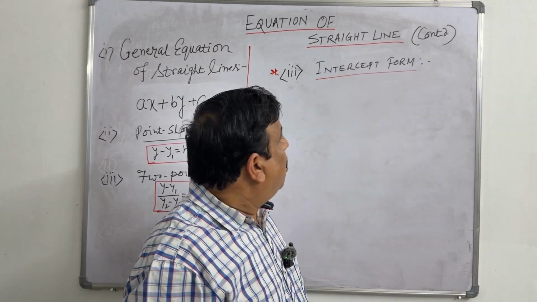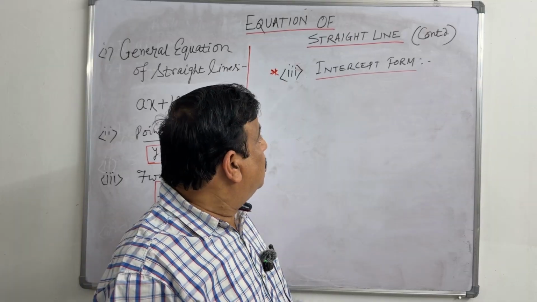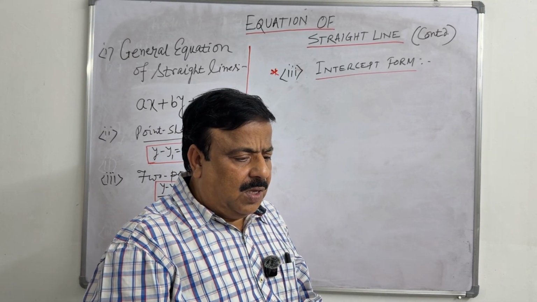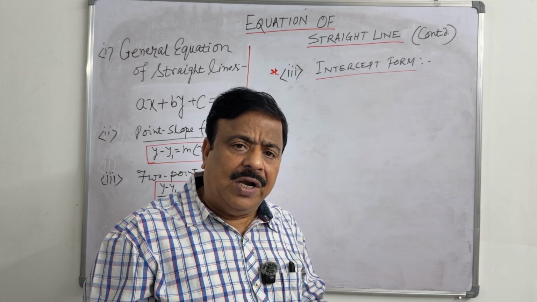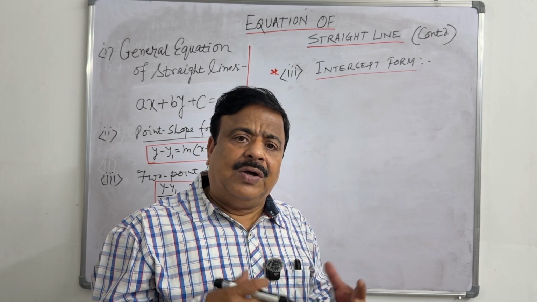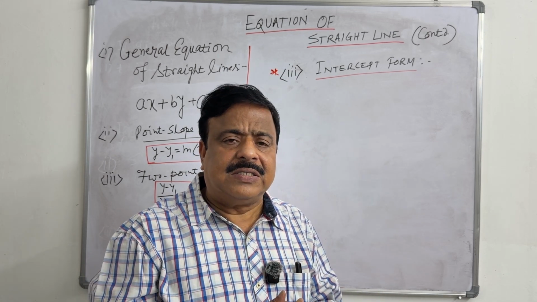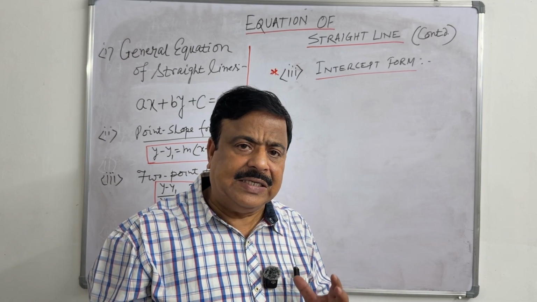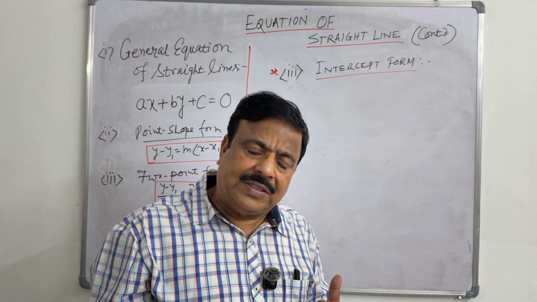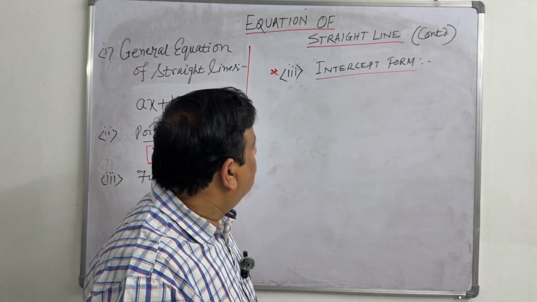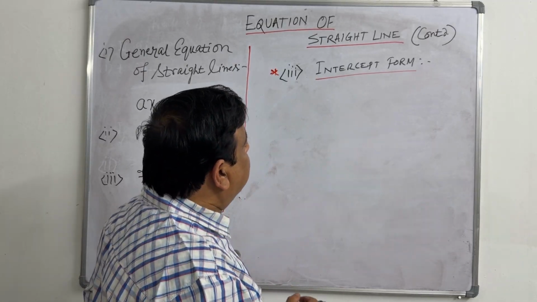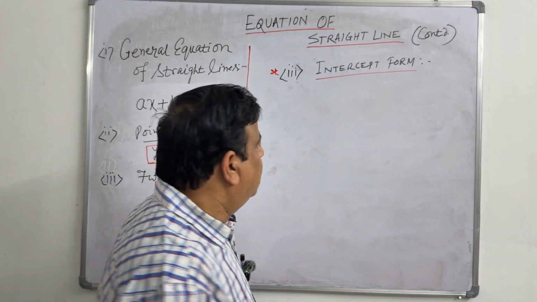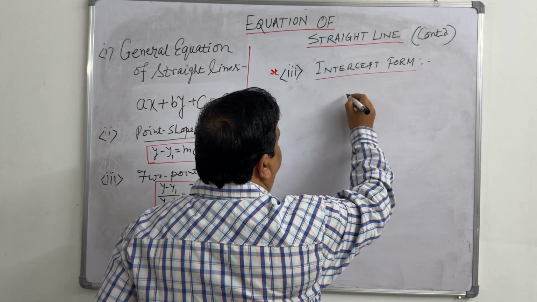Clear? Now we'll discuss intercept form. In the previous session, you have already learned in detail about what an intercept is. There are two types of intercepts, x-intercept and y-intercept. So here both the intercepts will be given. What does it mean?